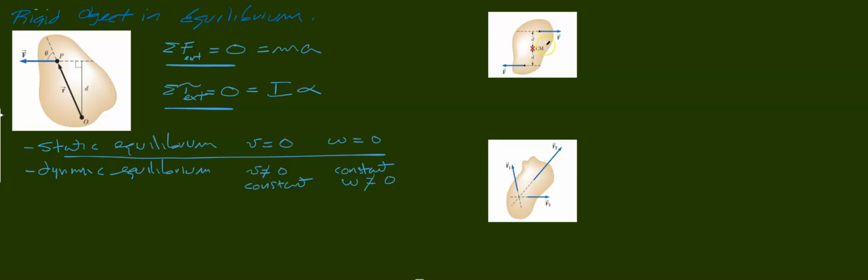Consider this first scenario. If you add the forces, you're going to have the sum of forces equal to zero. This force here cancels with this other, so they cancel each other out. So you have zero translational acceleration, but here they generate pure torque.